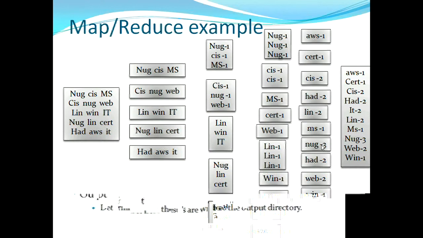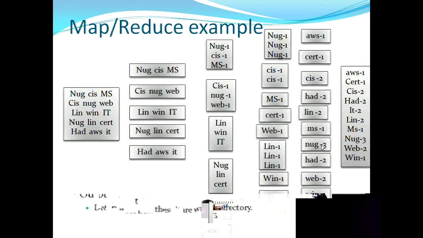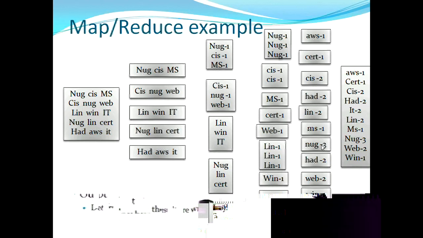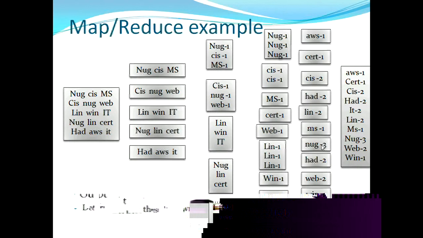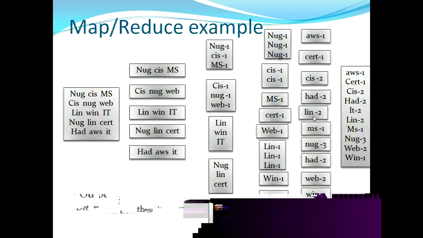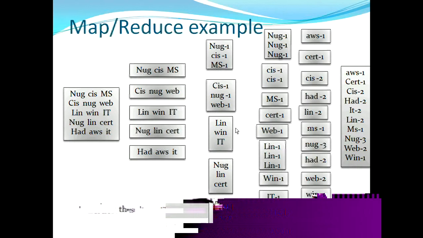Suppose we have this file. This file goes from the input phase to the split phase. It will be divided into these 5 lines, into five splits, and then the map phase. Each word is paired with the number 1, which indicates that, for example, nug is a word that is present a single time in the split.